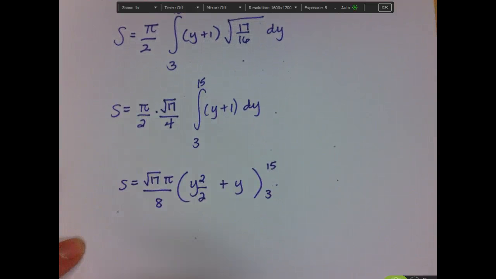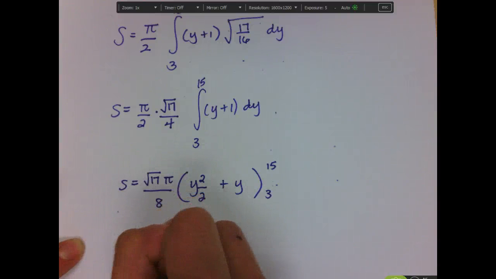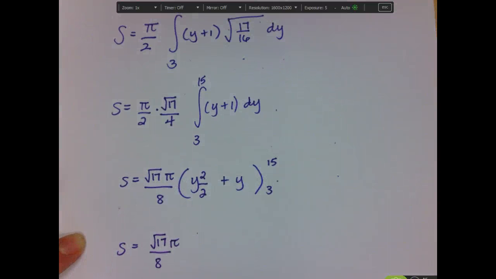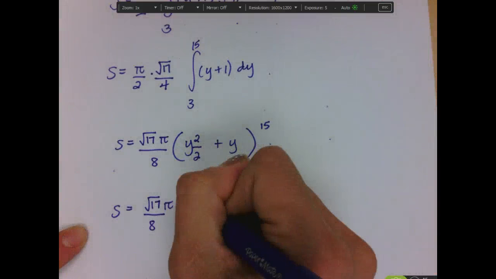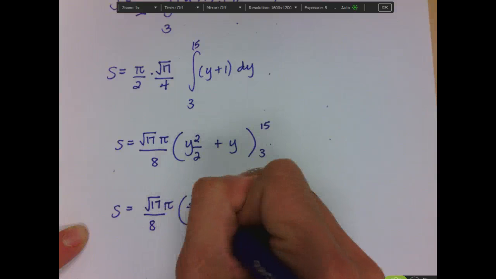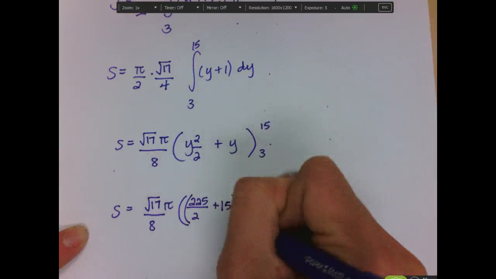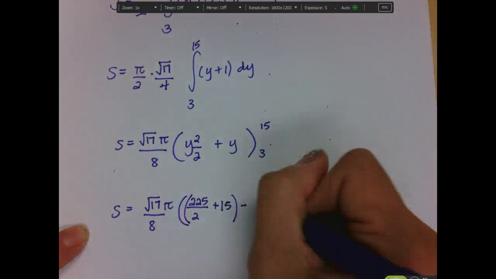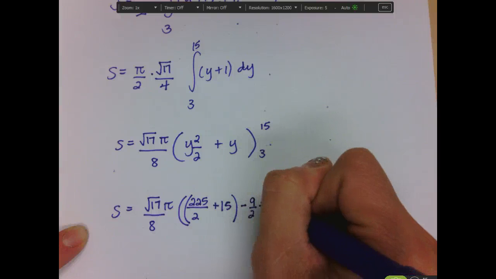Let's plug 15 in. Square root of 17 pi over 8 doesn't change. 15 squared is 225 over 2 plus 15. And from that I'm going to subtract 3 squared, which is 9 over 2 plus 3.